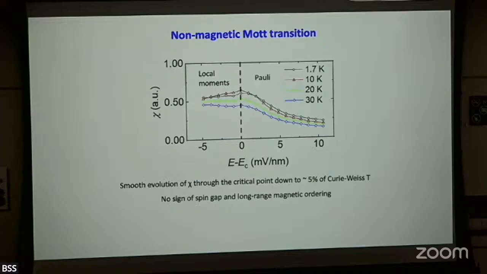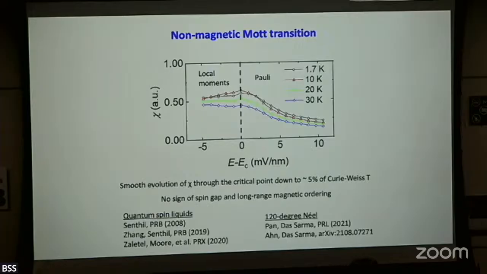How does it affect the Pauli paramagnetism? I actually don't know how to think about this. So maybe it's something for you guys to think about: for a Fermi liquid, when you increase the bandwidth, how should the Pauli magnetic susceptibility change with bandwidth? So I'll put a question mark here.